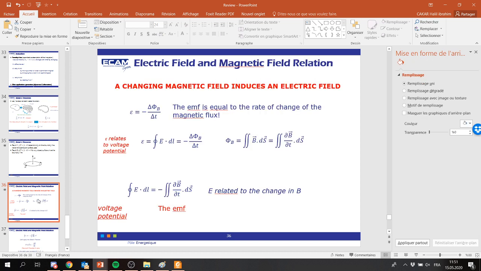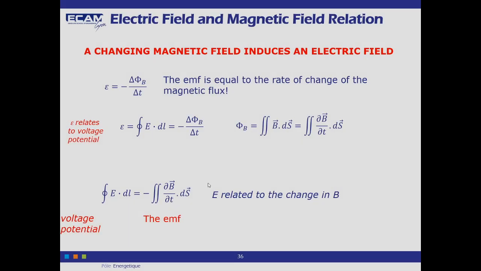So, in fact, we apply this one to Faraday's law in order to obtain the electrical field and the magnetic field relation. So what we obtained from the Faraday-Lenz law is the link between flux and the electromotive force like this. And what we also know from electrostatics is that the line integral of the electrical field here is the voltage potential.